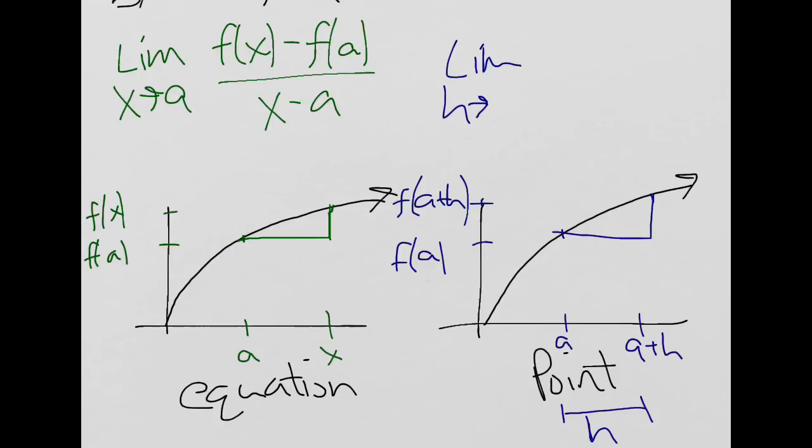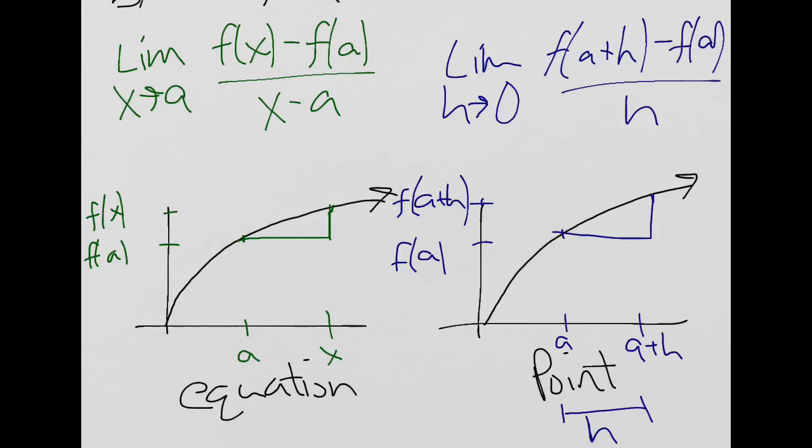Shrink this triangle, make that point the same as that point, get the value of the slope. So the limit as h approaches 0 of f of a plus h minus f of a all over h.